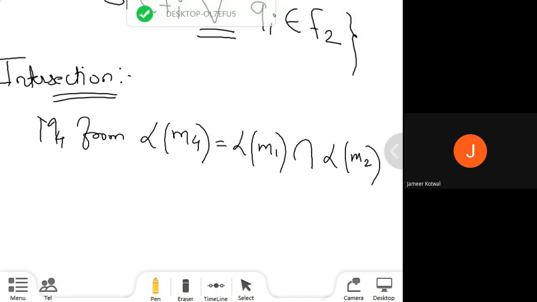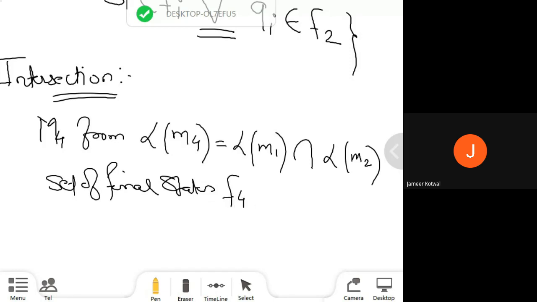But how? It says that the set of final states F4 for machine M4, it says that the state which belongs to machine 1 and the state which belongs to machine 2.